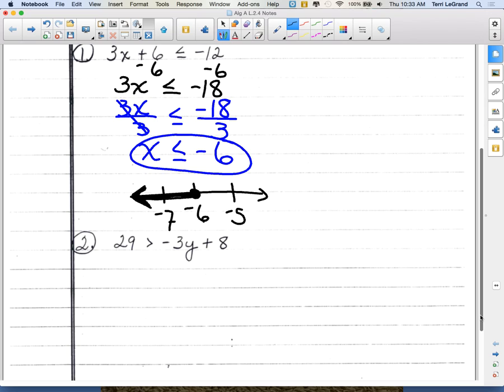Remember, don't forget to use good number line sense, that you should have the numbers labeled correctly, the neighbors. Make sure your graph matches your solution, okay?